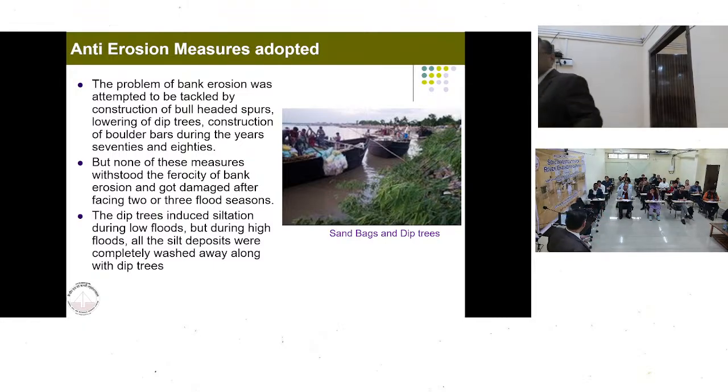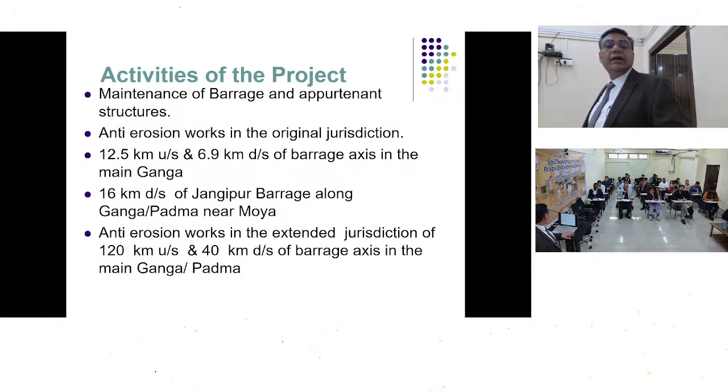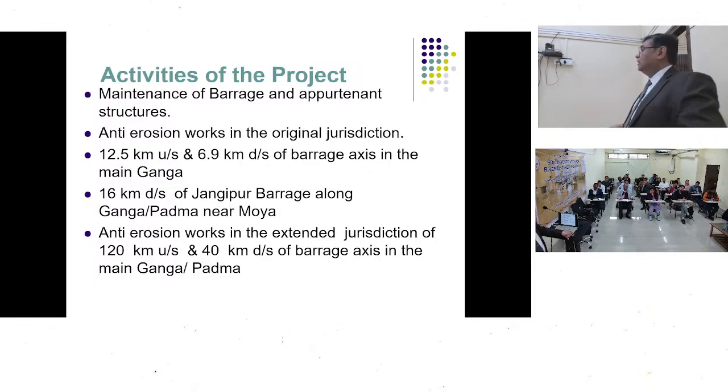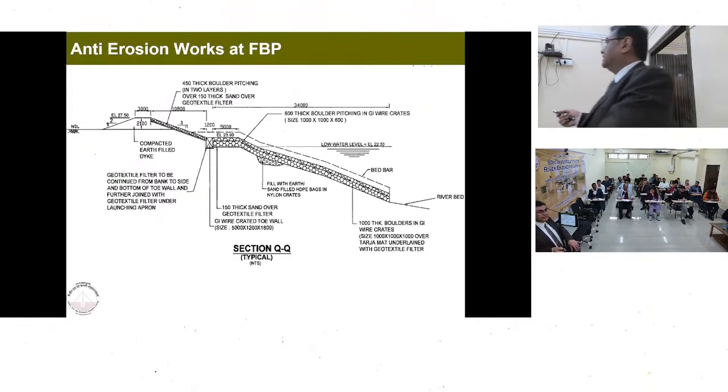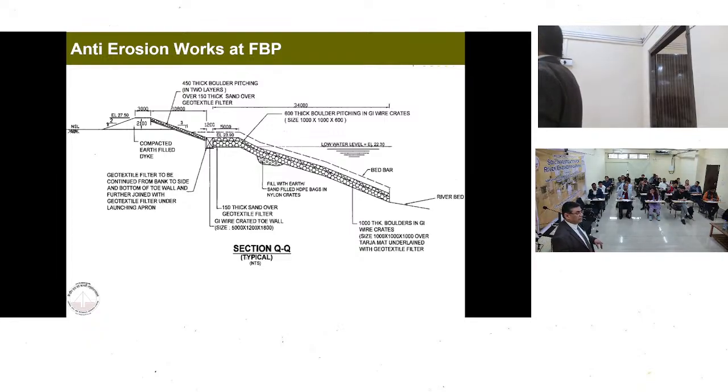Then designs were given. A lot of designs were carried out, and a basic design was then worked out. Typically, we designed it with the Central Water Commission in consultation with the Farakka Barrage Project, FBP. This design came out, and a lot of works were done on this design also.